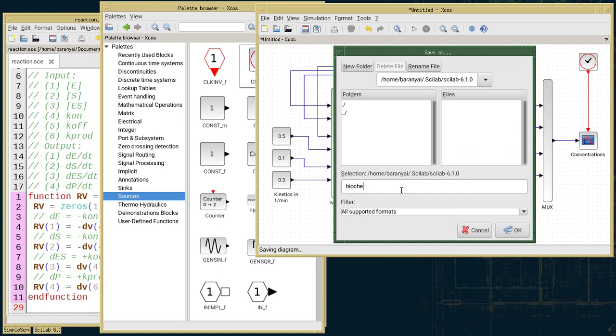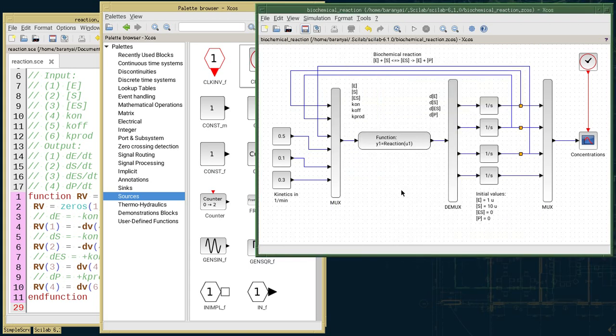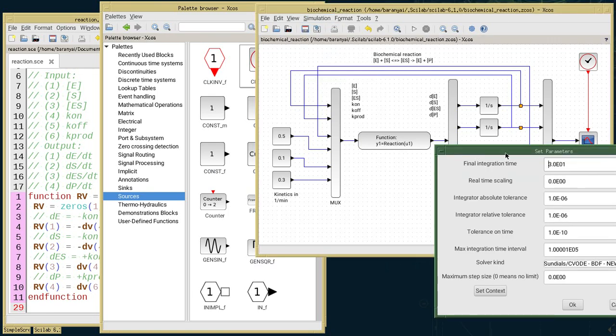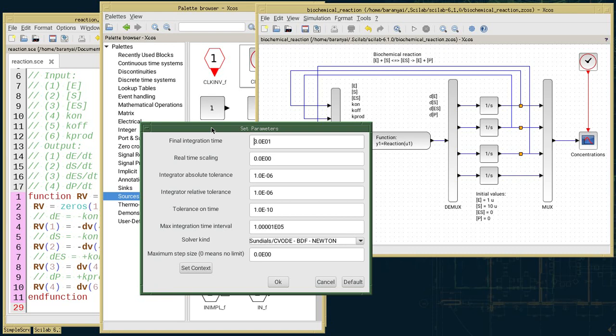So biochemical reaction. That's it. To be able to run the simulation, what I prepared, it will run for 5 minutes. I have to set up the adjustment here. You can see the final integration time will be 5 minutes.